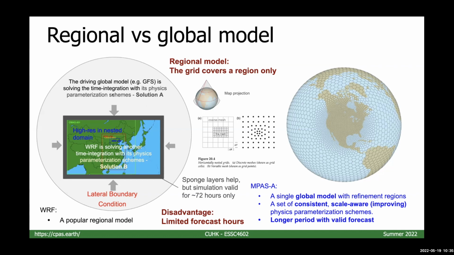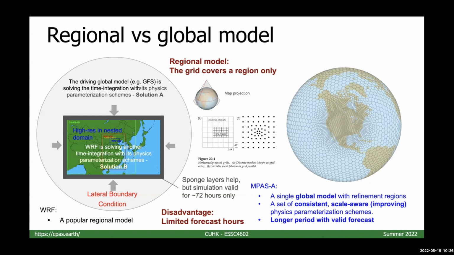Like if some wind is blowing from the north, then the boundary condition will need some data to represent the wind blowing from the north into the region this regional simulation is simulating, and also for other lateral boundaries.